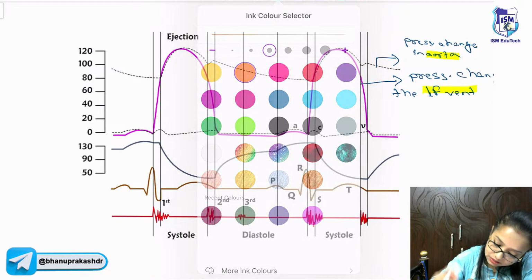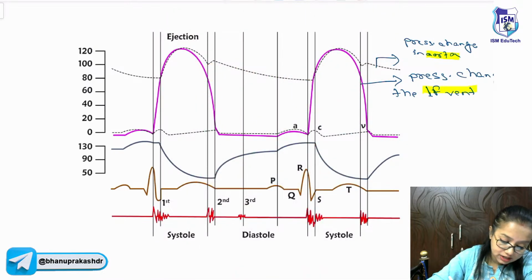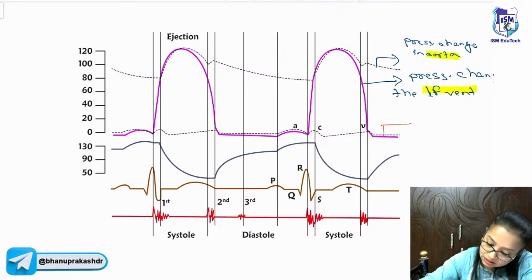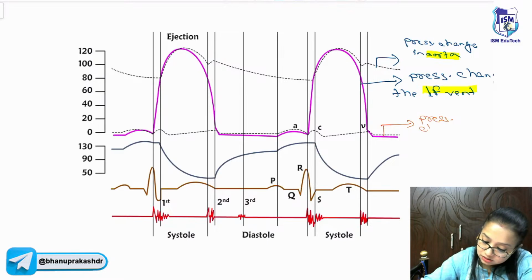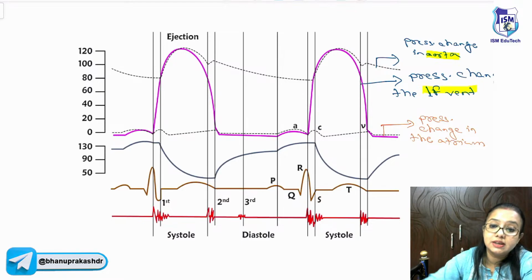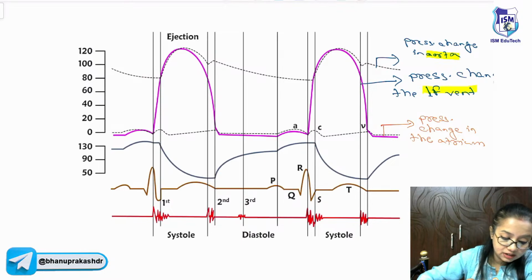Now see here, the dotted line that is below, from the 0, you see another dotted line. I hope it's visible. This dotted line is the pressure change in the atria. This is the pressure change in the atria.